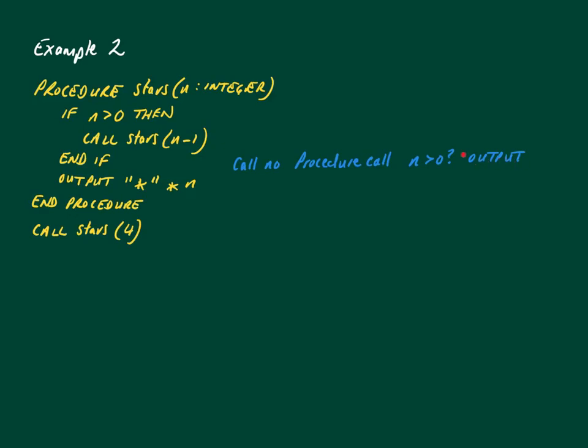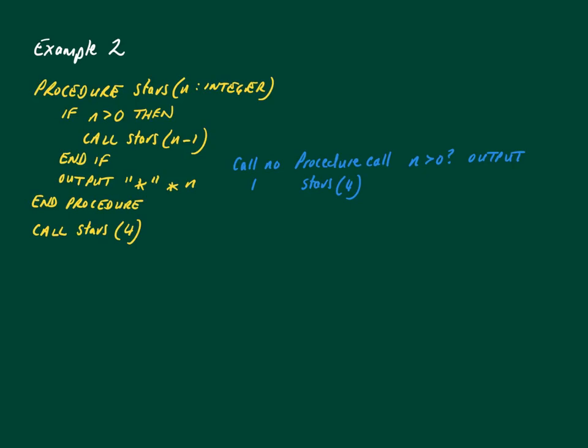So we still have output and n greater than 0 as a test, but this time we've got the call number, and then the procedure call, so that you can see if I'm calling stars 4 or stars 3 or stars 2, etc. So to begin with, our call number is call number 1, and the procedure call is stars 4.